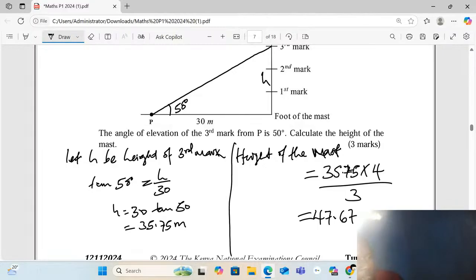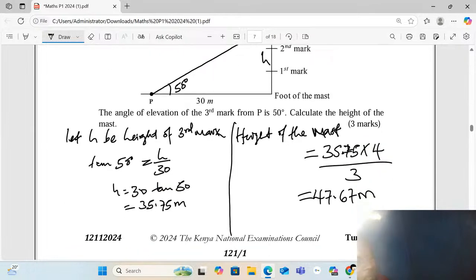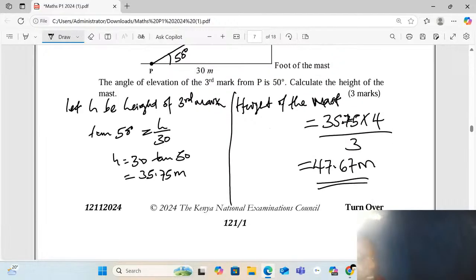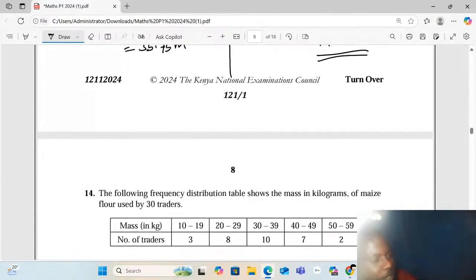When you multiply 35.75 times 4, then divide by 3, you find the height of the entire mast, because we had 3 marks and divide by 3, you get 47.67 meters as the height of the entire mast. That is how you get those 3 marks from that question.